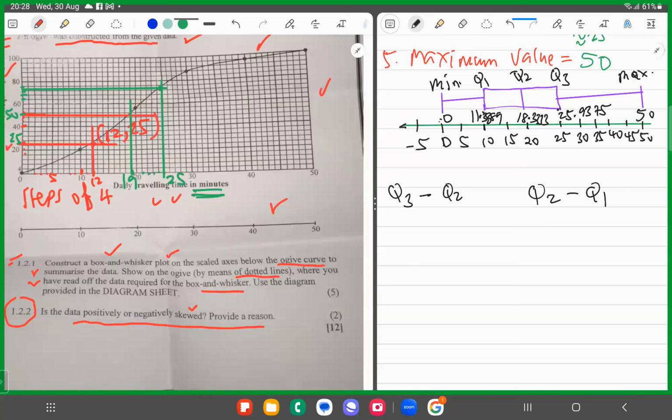Let's do this. What is Q3? Q3 is 25.9375 minus Q2, which is 18.3333. What is Q2? It is 18.3333 minus Q1, which is 11.3889.